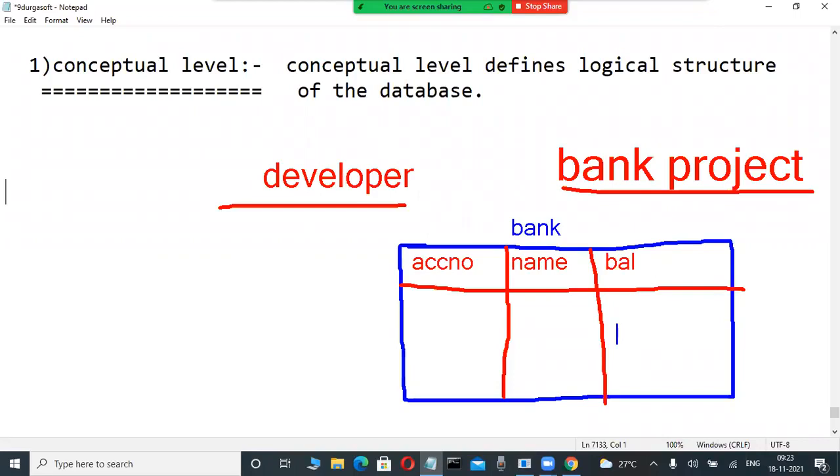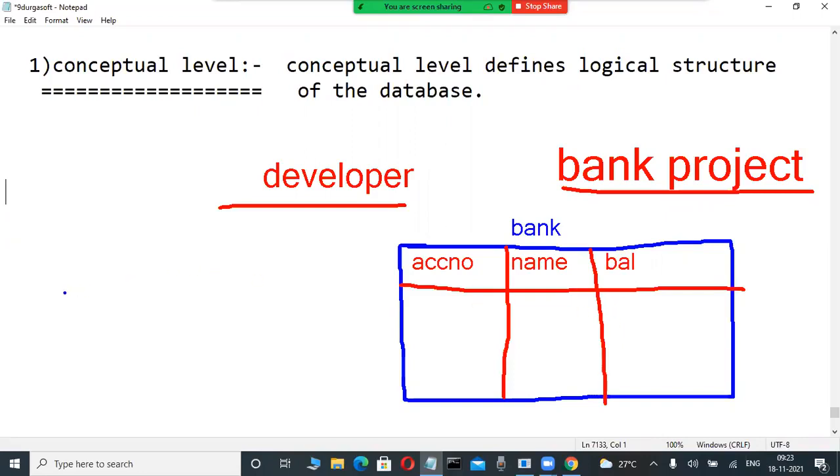That's why the logical structure means table, and conceptual level means table. Simple. The table does not define how data is physically stored in the database. Where it is stored, we don't know. But it defines what type of data can be stored in a database by using data type and size.